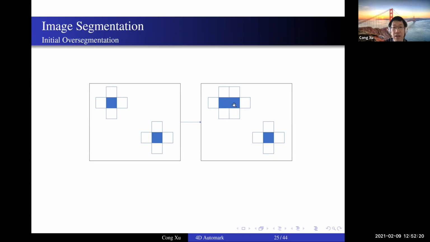Now this pixel is labeled and the region has some more neighboring pixels. Every time we do the same thing. The region grows such that the pixel and the seed are close to each other. And finally, these regions cover the whole space, which means there's no unlabeled pixel. That's the final initial over segmentation.